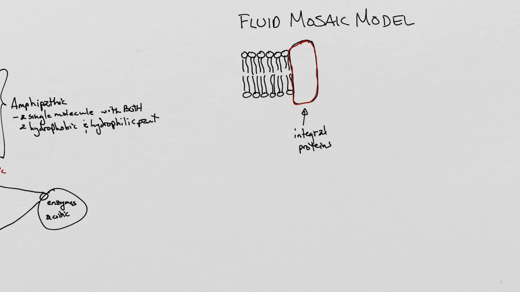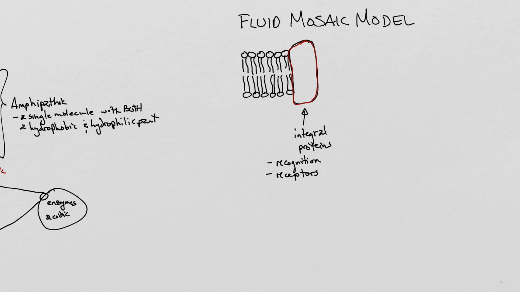Now, integral proteins can have all kinds of different functions. Integral proteins can serve as a site of recognition, so that one cell can recognize this cell as belonging to a certain type of cell or to a certain individual. These proteins can be receptors.